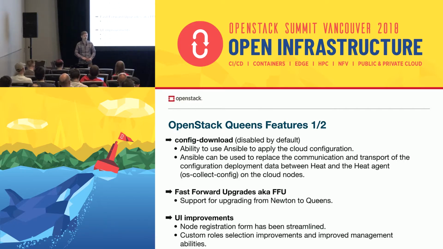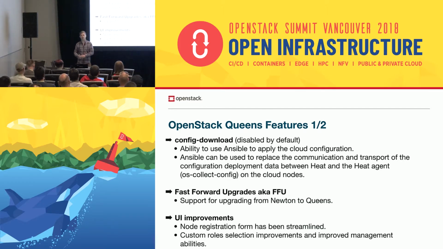The second big feature that we have implemented in Queens was the fast forward upgrades, also known as FFU. If you haven't heard of it, there are many sessions during the summit about FFU, but basically, in a nutshell, when you deploy OpenStack Newton and you don't want to upgrade to Ocata, Pike, and Queens yourself, you can use something called the FFU that will take the control plane offline and take you in a rolling upgrade from Newton to Ocata to Pike and Queens.